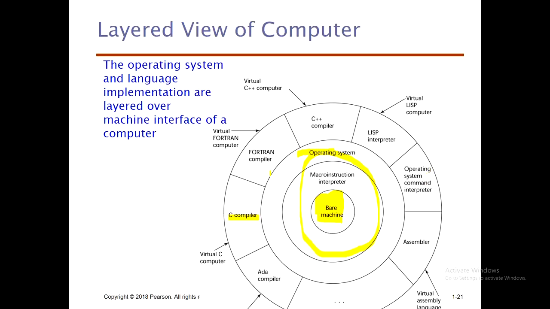C compiler and all these compilers, these are programs which are compilers for these languages that you see here outside. So each one of these programming languages, whether it is object-oriented or procedural, has its own interpreter or its own compiler. Some of them have interpreters, some have compilers, and some have assemblers.